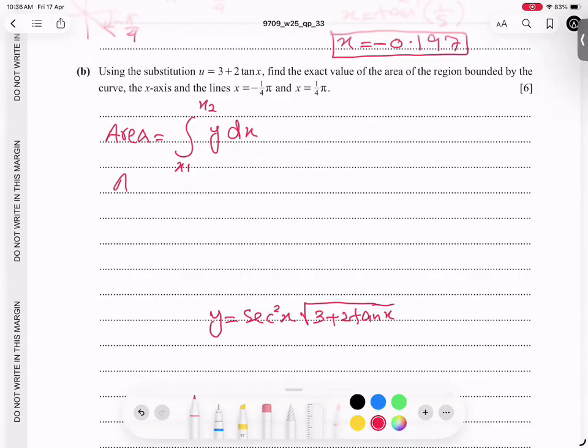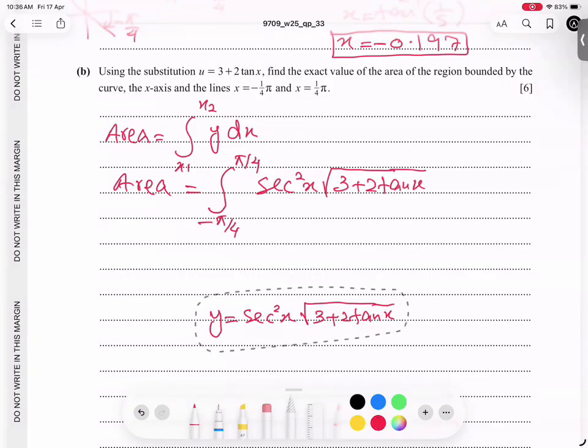Now area is equal to the integral from negative pi by 4 to positive pi by 4, and I'm going to copy this full equation there. I mean secant square x into root of 3 plus 2 tan x.